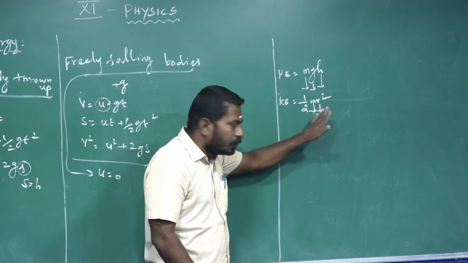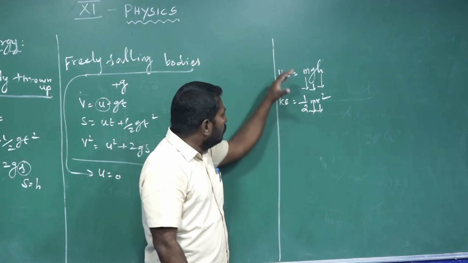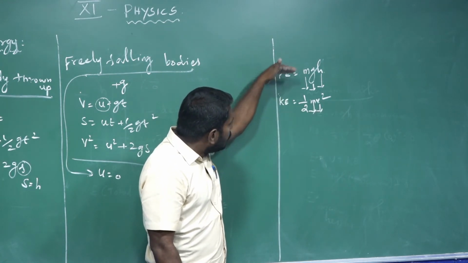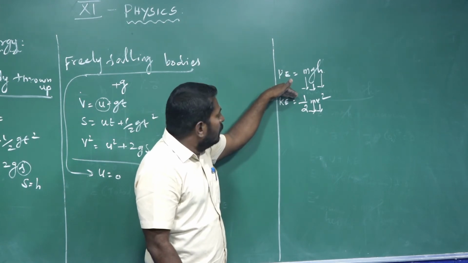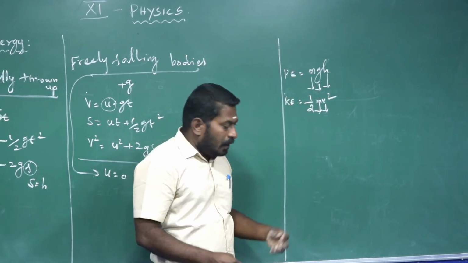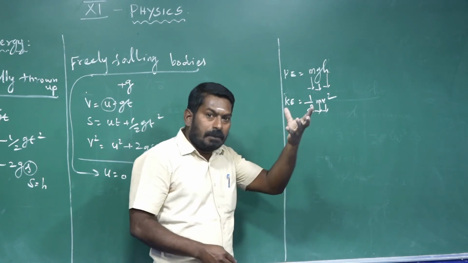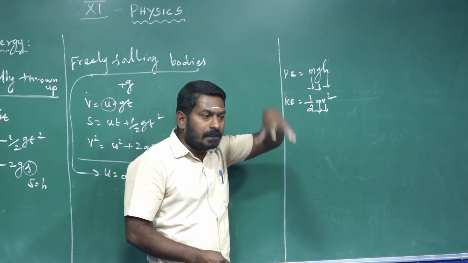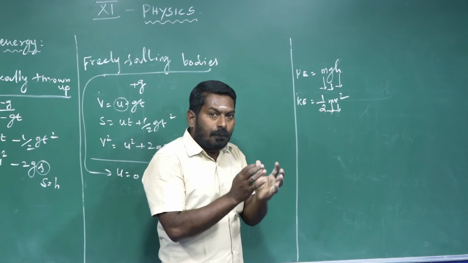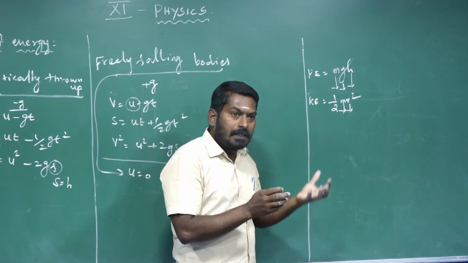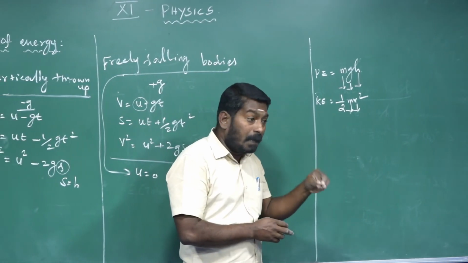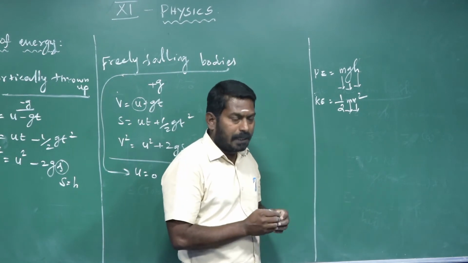Hence, kinetic energy also decreases. So, this kind of potential energy and kinetic energy belongs to mechanical energy. If a body is thrown vertically upward or is a freely falling body, it possesses two kinds of energies, potential energy and kinetic energy, depending upon the position and the motion of the object.